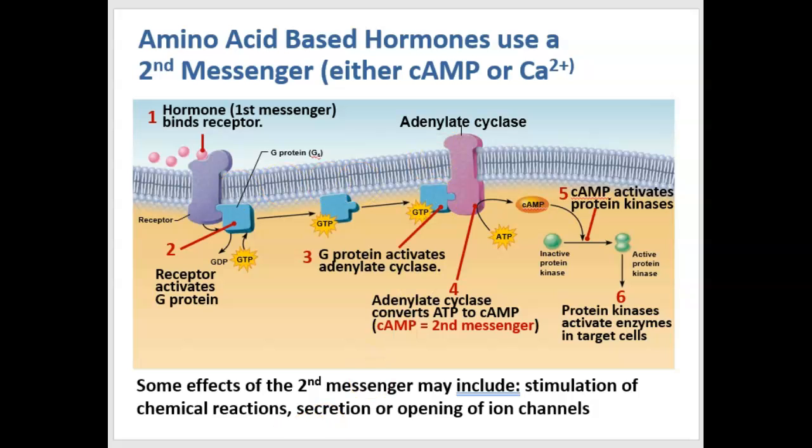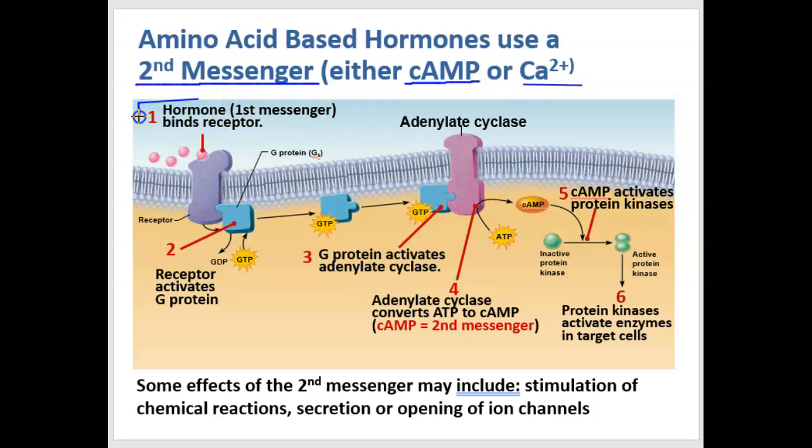Now let's talk a bit about how second messengers are derived with amino acid-based hormones binding to a cell surface receptor. So again, this hormone can't get inside the target cell. Instead, it has to trigger activation or formation of a second messenger. The most common second messengers that get produced inside of a cell are cyclic AMP or calcium.